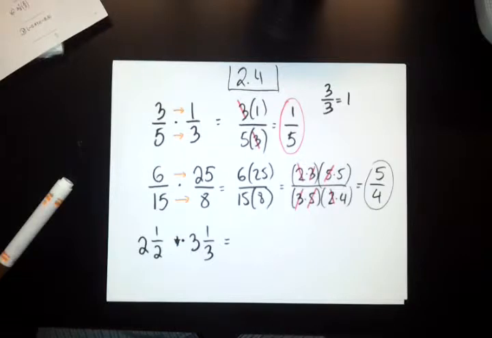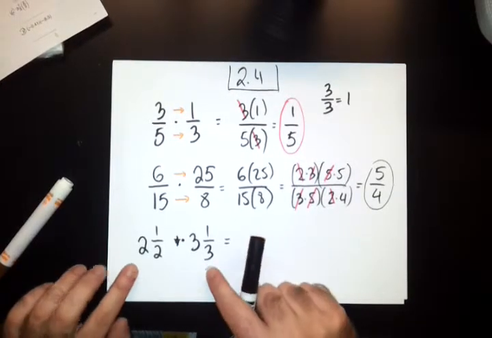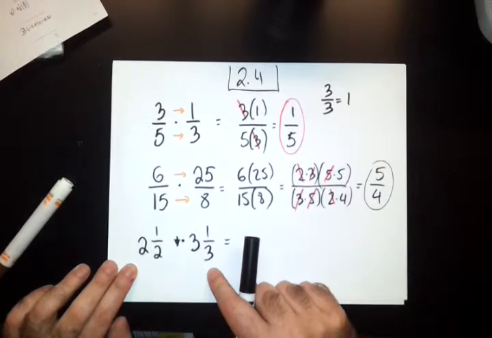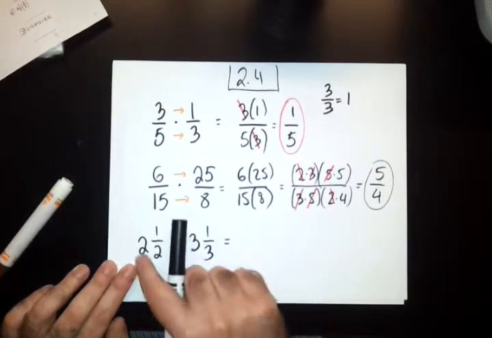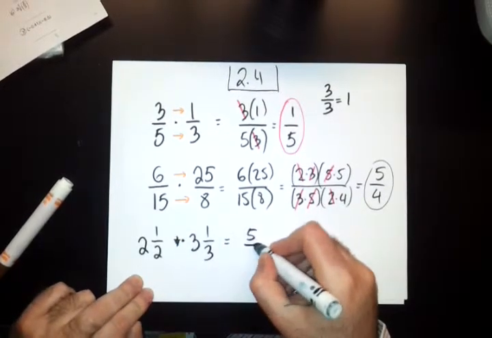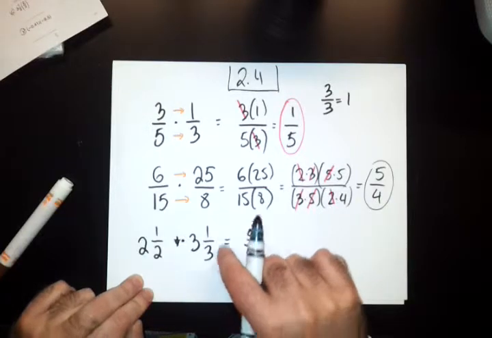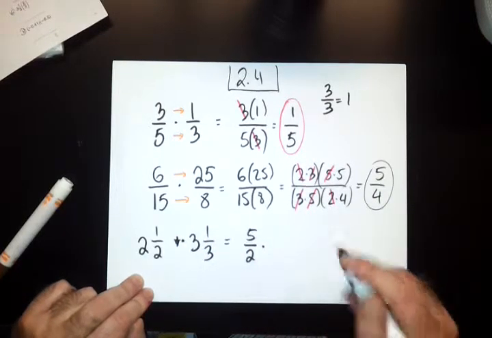Too used to adding. Just like in the addition problems, though, your first order of business is to convert the mixed numbers into improper fractions. 2 times 2 is 4, 4 plus 1 is 5. 3 times 3 is 9, 9 plus 1 is 10.